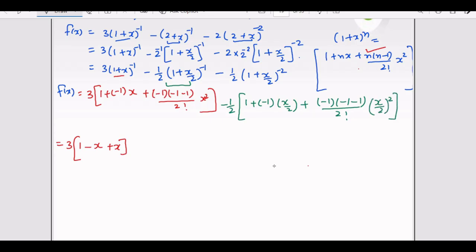So this is done. So now we will simplify this. This comes out as minus 1 over 2, and inside we will have 1 minus x over 2. Then the minus 2 and 2 get cancelled, so we have only 1, and then here we get x squared over 4, right?